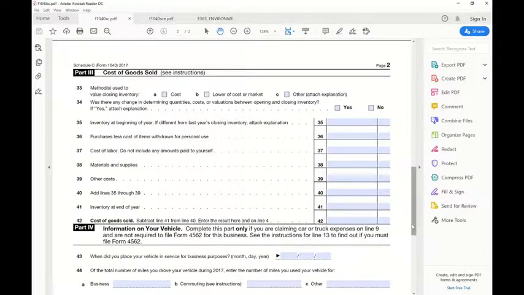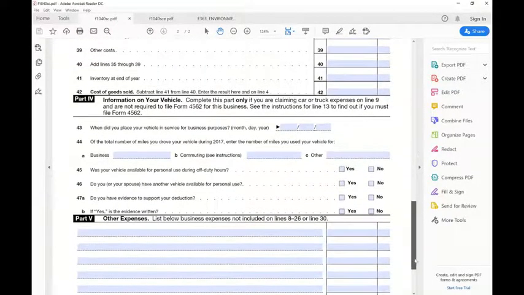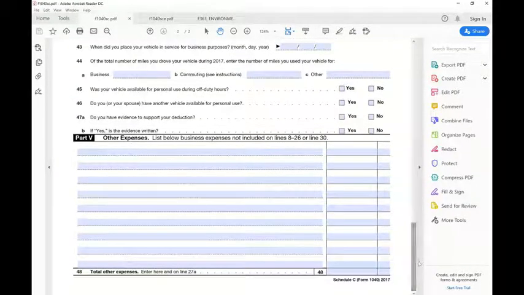We have the fourth section here, which is about information on your vehicle. So it is mainly if the taxpayer uses their car in running the business. So we need the information about different uses of the car, and then the final part is about other expenses, if there are any other expenses.